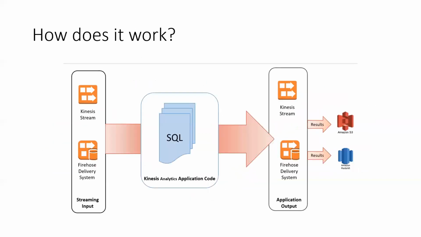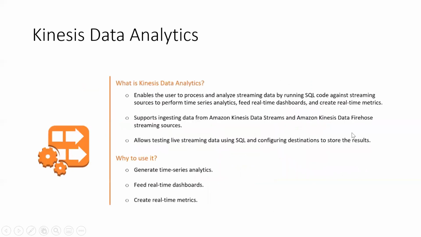And then to perform the analytics, you can directly use the Kinesis streams or Firehose delivery system, perform the analytics and store the result in S3 or Redshift. Before that, let's see that it provides you real-time analytics for real-time dashboards and creating metrics.